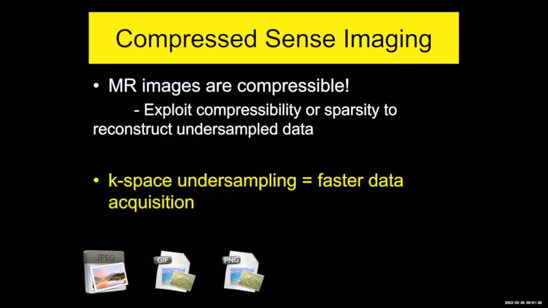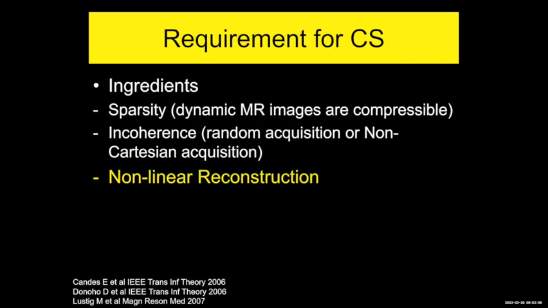Again, we're really interested in combining these kind of acquisitions with methods to accelerate further, and that would require undersampling and reconstructing from undersampled k-space data. And the techniques we've been exploiting are compressed sensing and machine learning-based methods. So as you all know, MR images are compressible in some domain for many different types of contrast, and we can exploit this compressibility by undersampling acquisition and reconstructing with compressed sensing types of reconstruction.